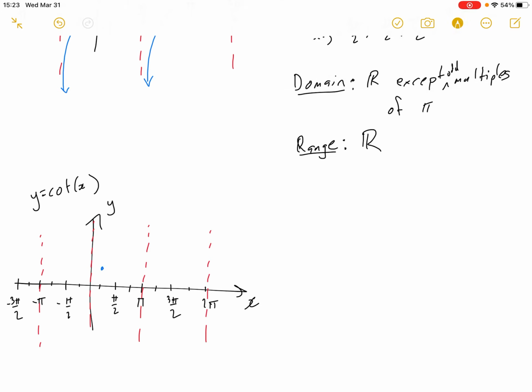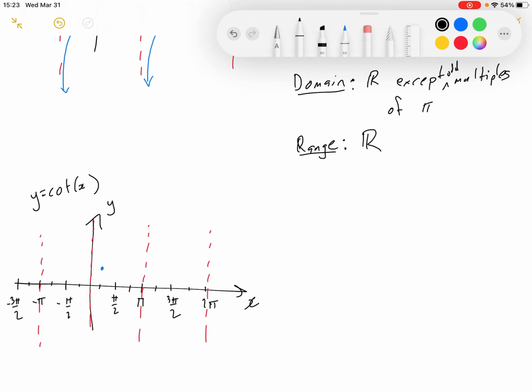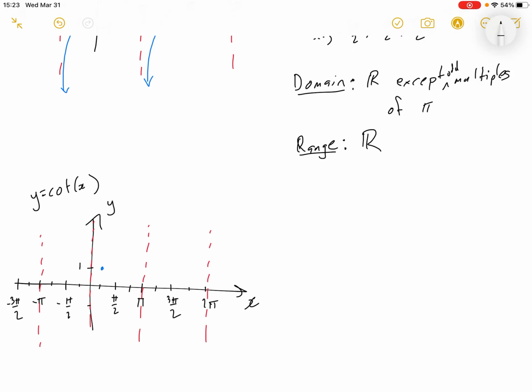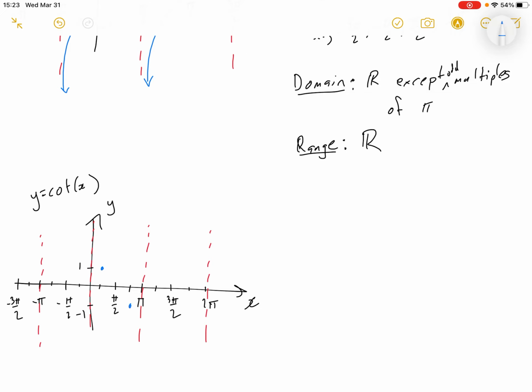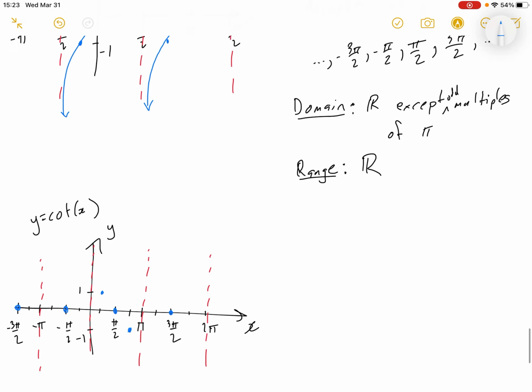Cotangent is still going to be 1 at pi over 4 because that ratio is still 1. And it's still going to be negative 1 at 3 pi over 4 over here. Except now the 0 is going to be at these points because if you look at the reciprocal, it's going to be 0 instead of an asymptote.